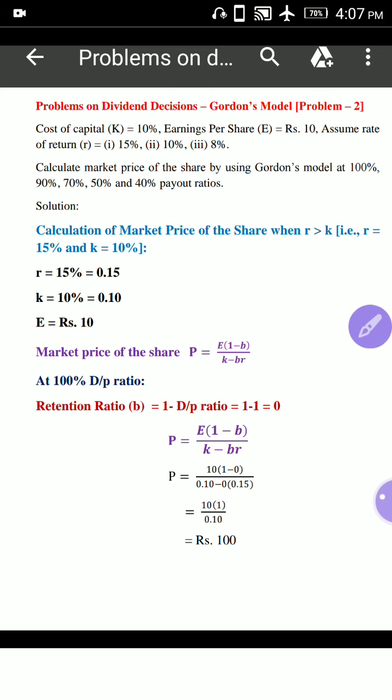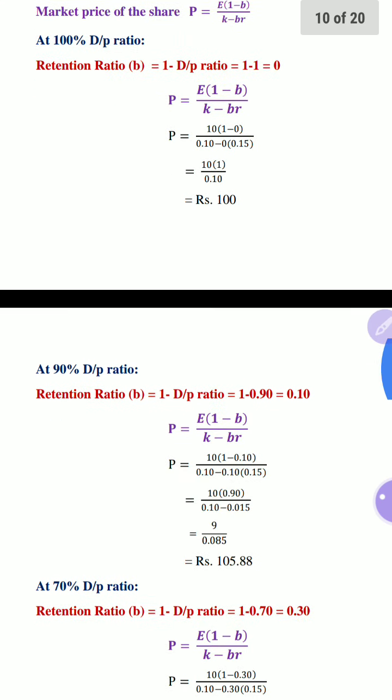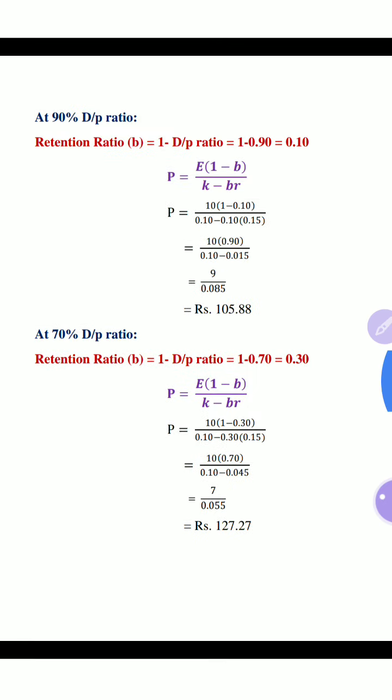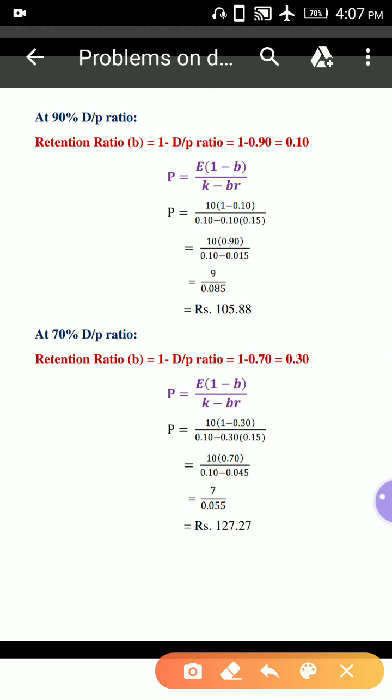Okay, next, at 90% dividend payout ratio. Here only the B value will change. The remaining values will be the same. Only the B value will change in the entire formula. This is the formula.